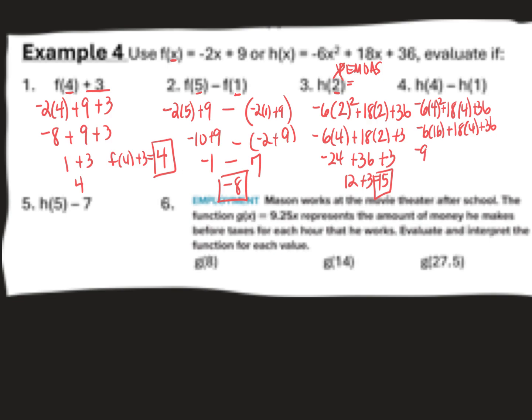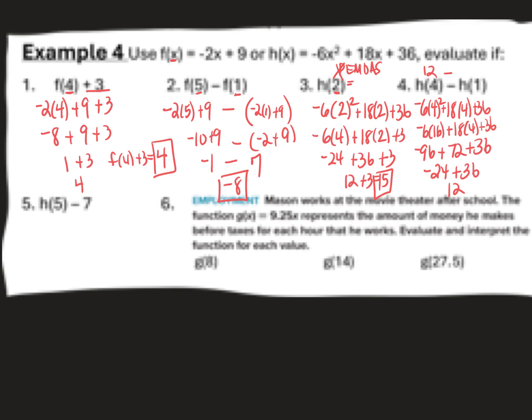So negative 96 plus 72 plus 36. Negative 96 plus 72 is negative 24. I think so. Let me know if I'm wrong. Plus 36. So h of 4, all that work is for h of 4, is 12.